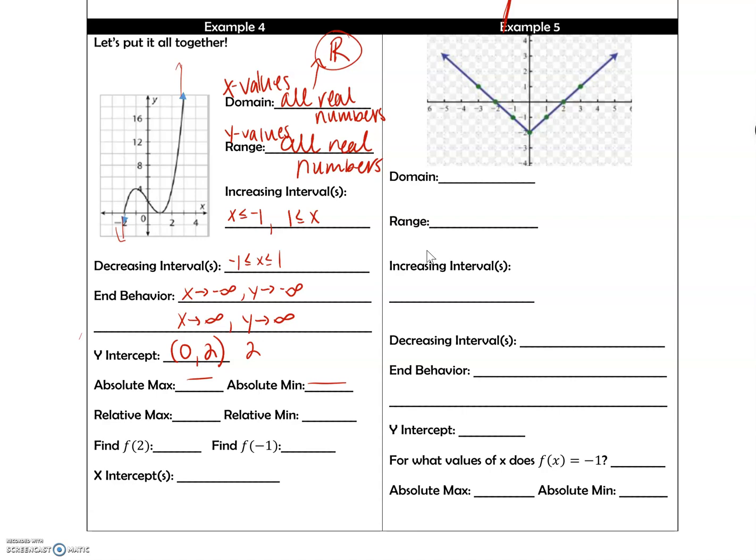And that is where our graph makes a little hill and where it makes a little valley. So our relative maximum is at negative 1, 4, the ordered pair. Our relative minimum is where we create a valley, and it's at positive 1, 0.